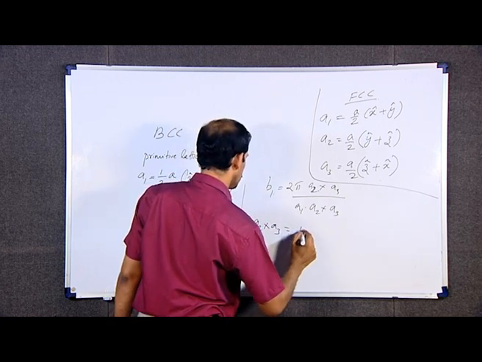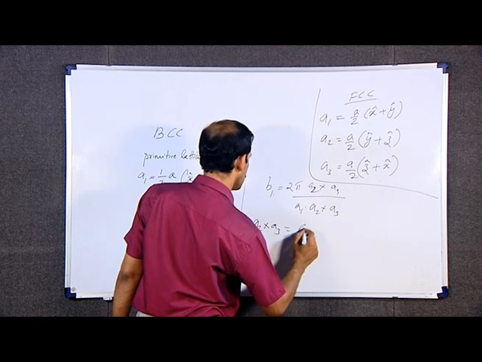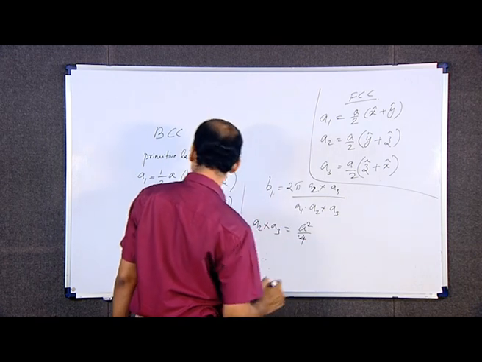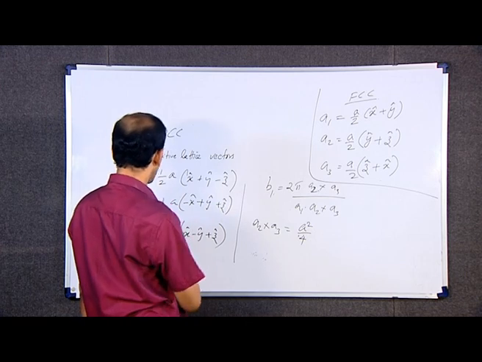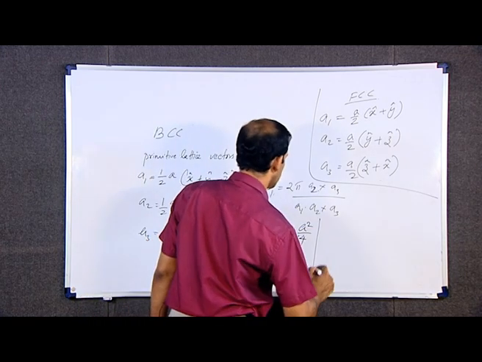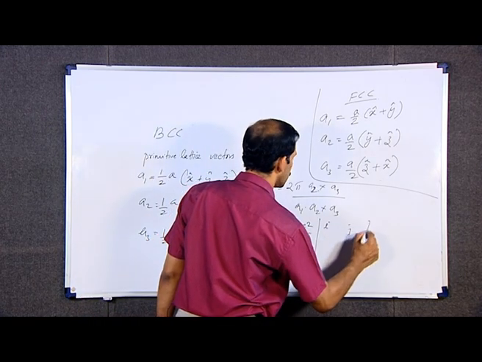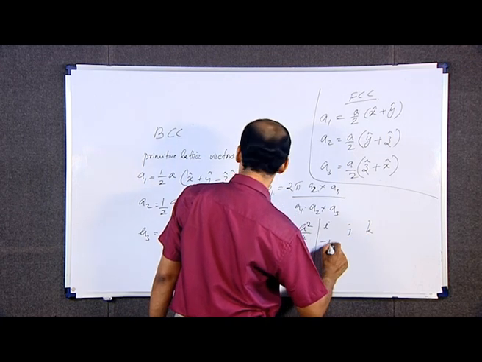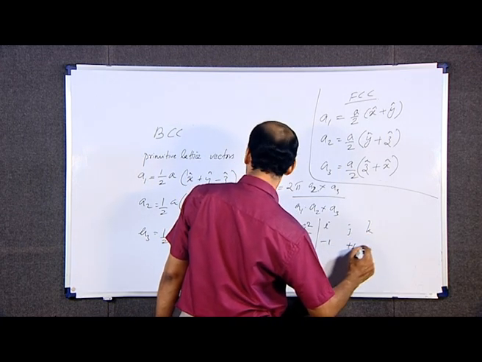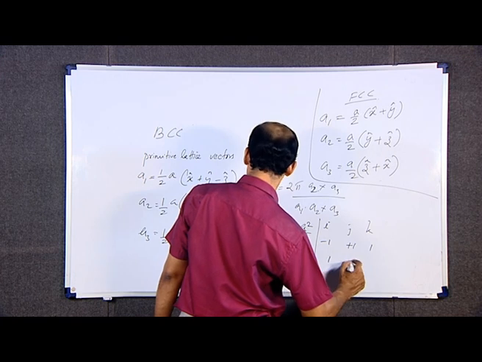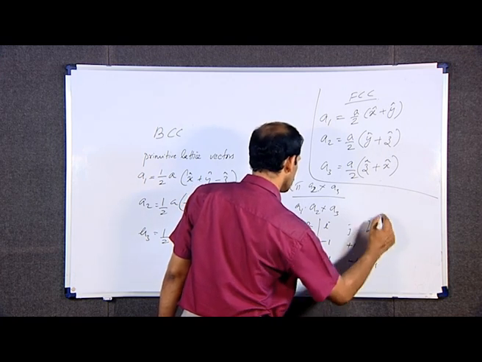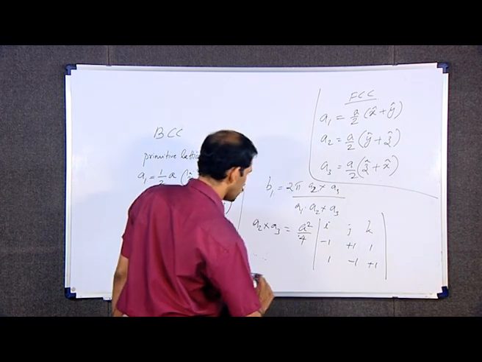It is equal to A squared by 4 into A2 cross A3. If I define it in terms of i, j and k, that will be minus 1, 1, 1, and minus 1, 1, 1. So, how much will it be?